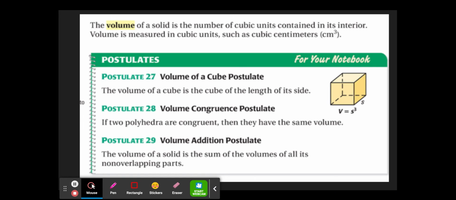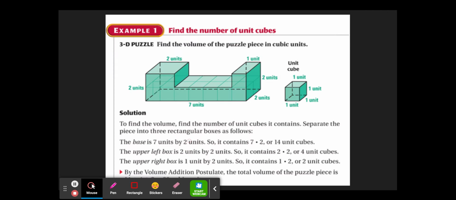All right. So if two polyhedra are congruent, they'll have the same volume. Volume of a cube is an easy one because everything's the same, right? Side times side times side. And volume addition is great. Same with area addition, if I can split this shape up and go, well, I could cut it off this way, figure out what's this rectangle, and then add this one and this one.